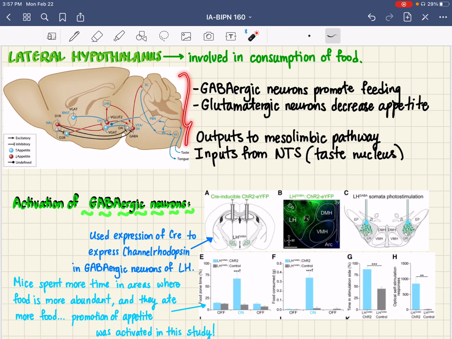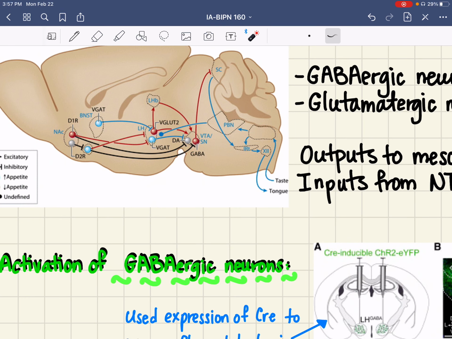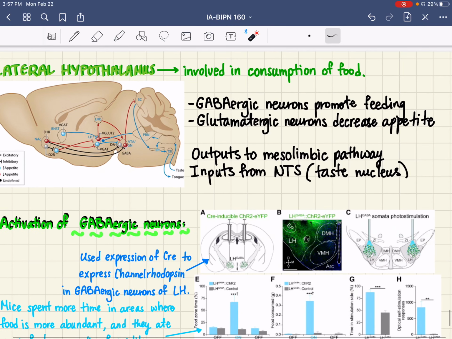This is a picture of a pathway from the lateral hypothalamus to different areas of the brain. So this that I'm circling is lateral hypothalamus, and you see how there are many inputs and outputs in this structure. You definitely want to know that this picture exists in case you get an exam question that is asking you a specific input and output, but I doubt that will happen, so let's just pay attention to the output and input that Dr. Rudin mentioned specifically.